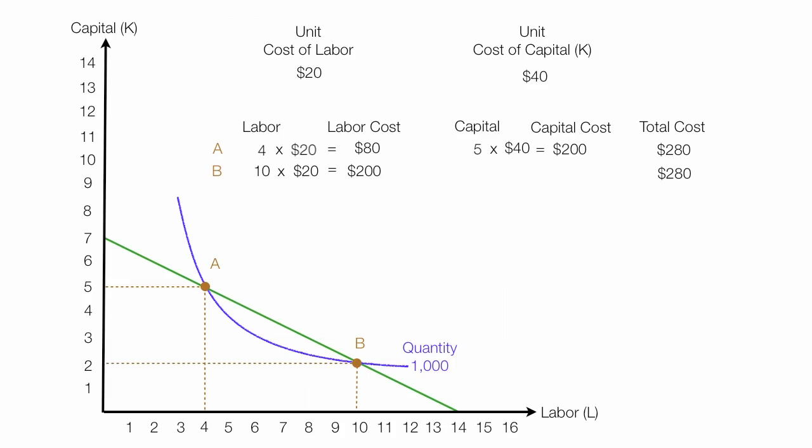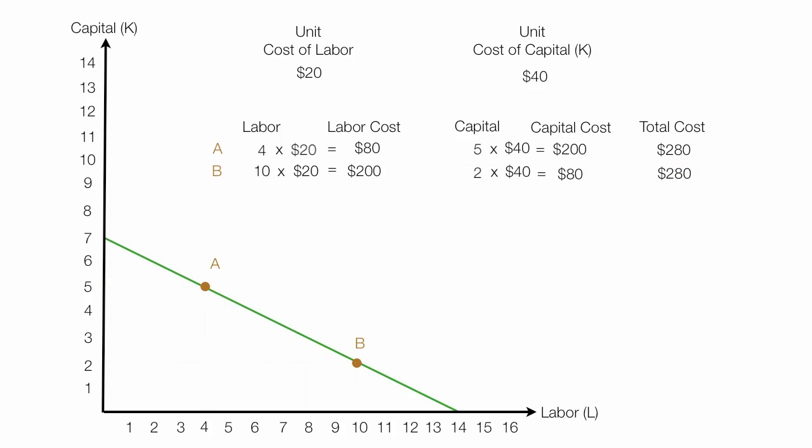And they will use 2 units of capital, 2 times $40 per unit, which is $80, for a total cost of $280. 200 plus 80 is $280. Now this should make sense because both points A and B are on the same isoquant line and total cost is $280, so it's $280 for either point.